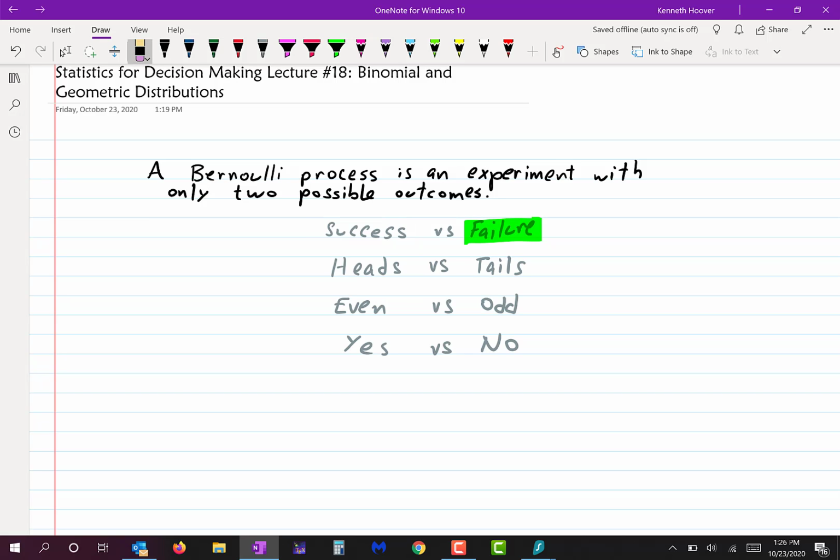Now, if you're doing that kind of a process and you want to calculate the probability of getting X successes in n trials, then we have a very simple formula for that.